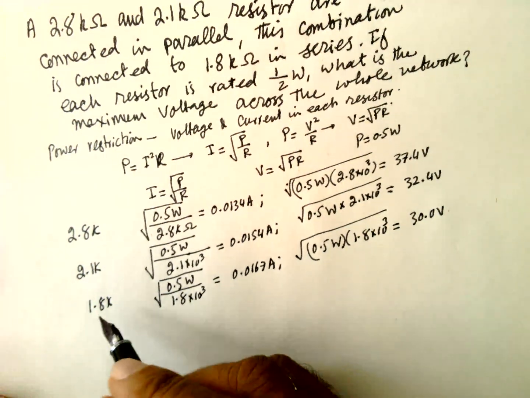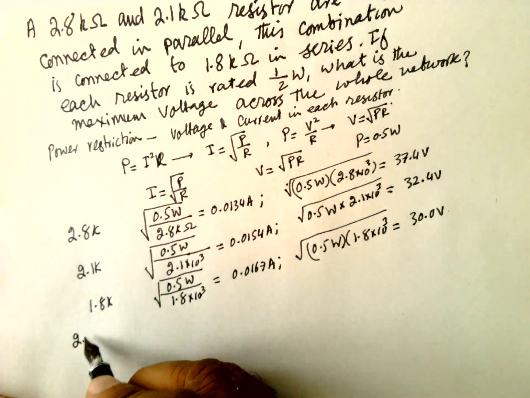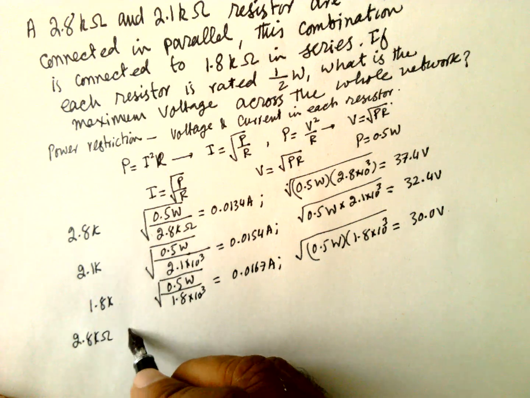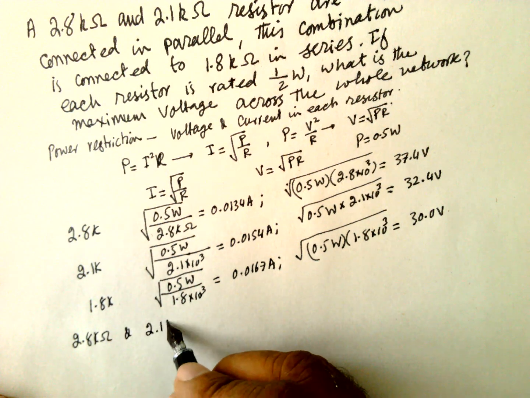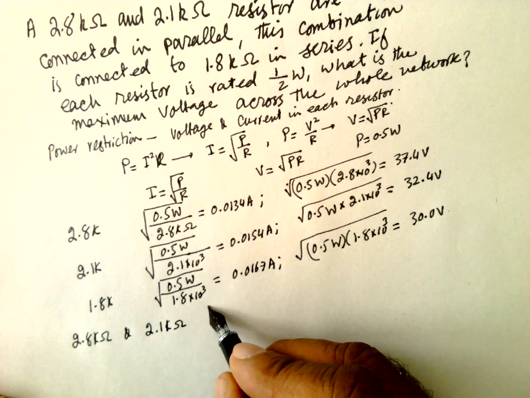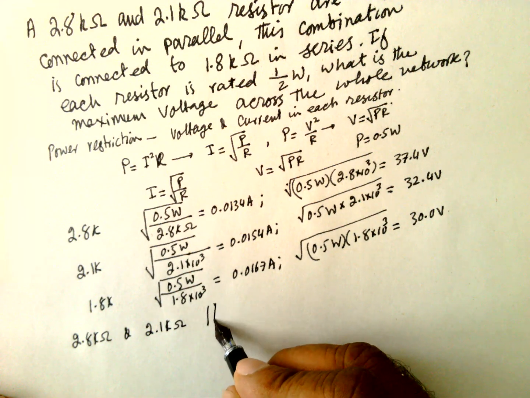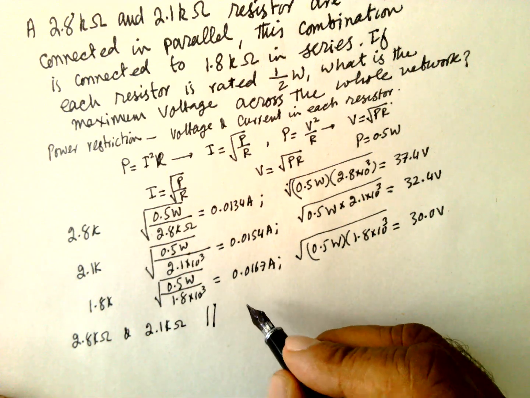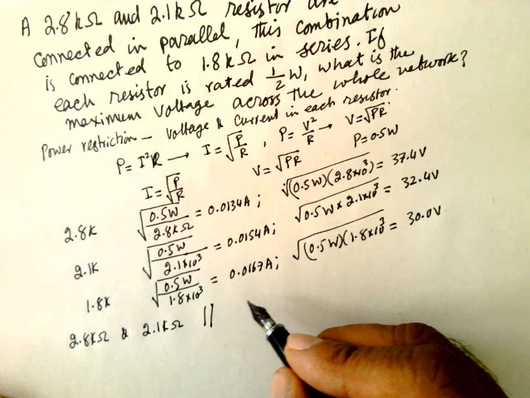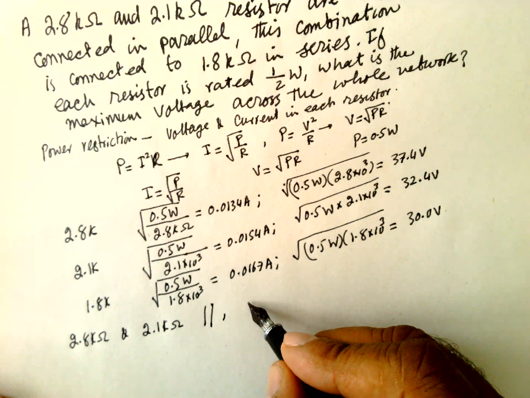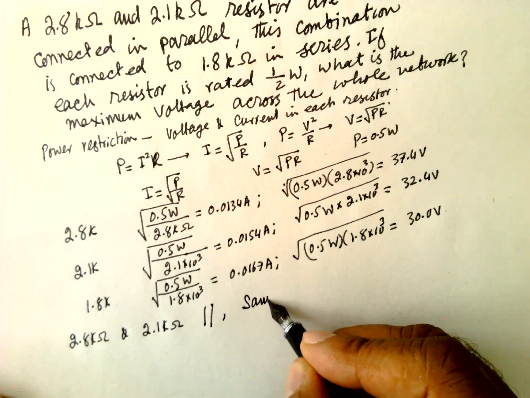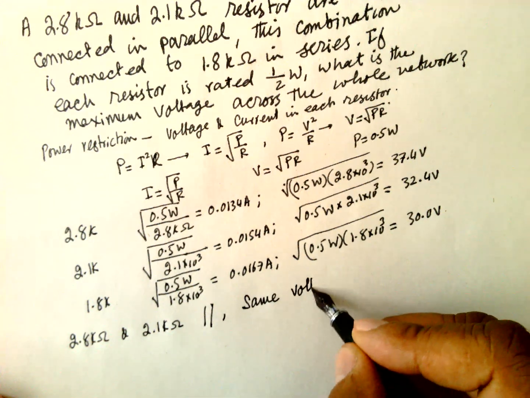So the first two, 2.8 kilo ohm and 2.1 kilo ohms, are in parallel combination. So now we have to find the current. They will have the same voltage.